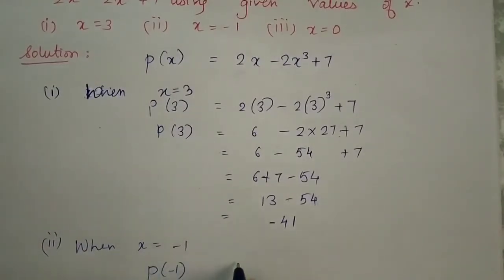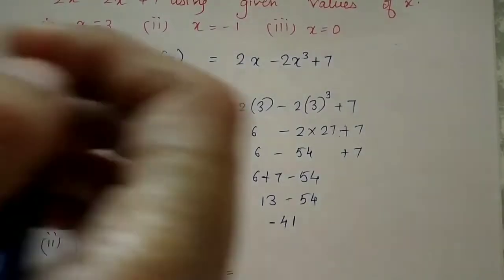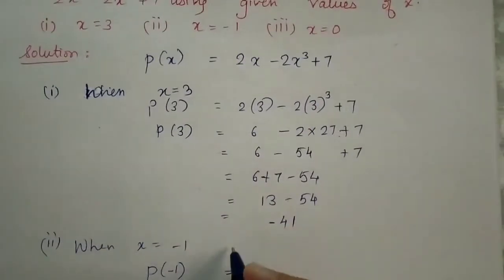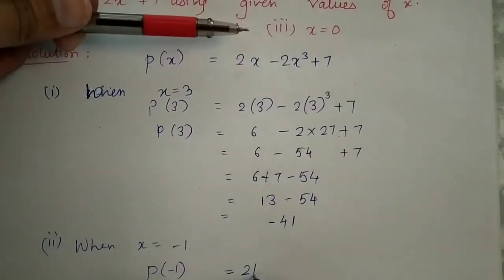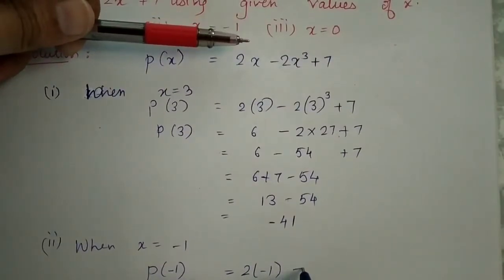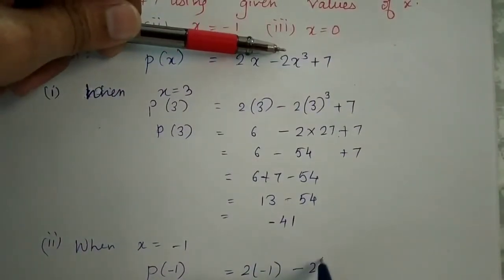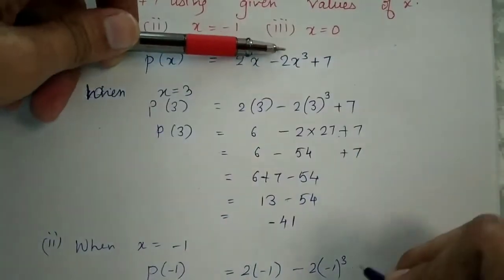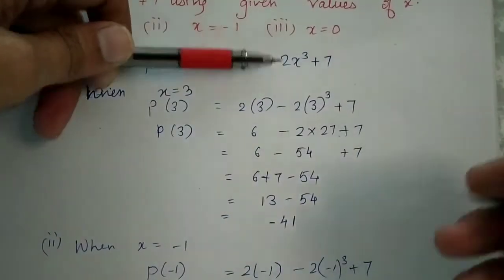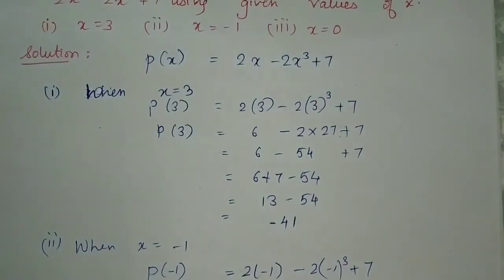This will become p of minus 1 is equal to, here in place of x I will put minus 1: 2 into minus 1, minus 2 into minus 1 cube, plus 7. Okay, now let us see what answer we will get.